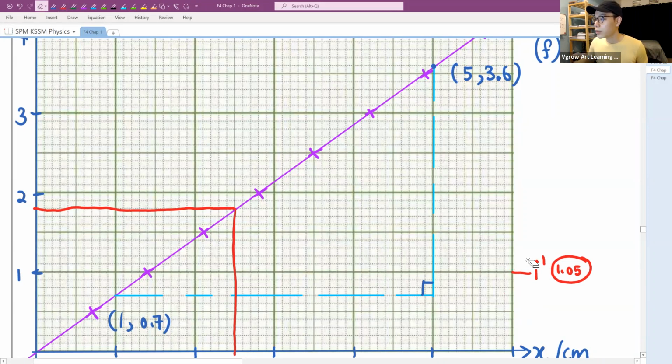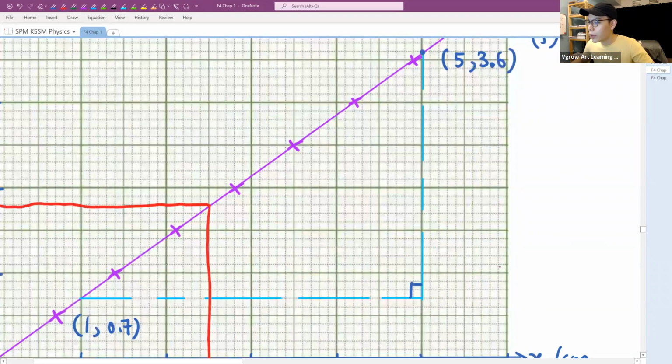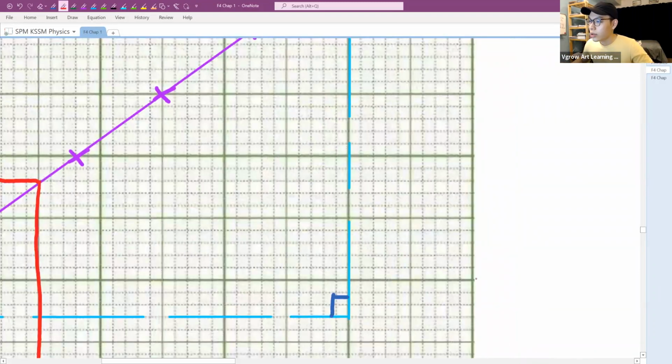Okay, because some people may say, what if my point that I want to read the coordinate is not very close to the top one, not very close to the bottom also, maybe like 75% of it. Then you have to make a decision whether you think that it's closer to the middle or closer to the top one.